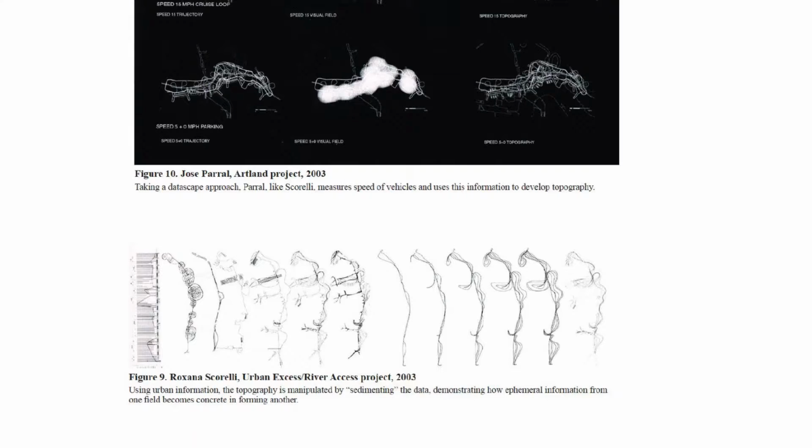You could say another model of this, and this is something that happened a lot in the 60s, for example, by people like Lawrence Halprin, as Dirk, who's not here, was talking about the other day in his presentation, is that Halprin would represent movement on site.